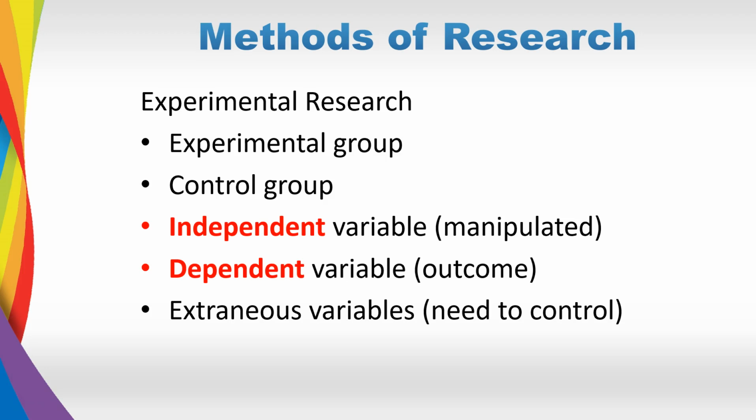So you want to control for that. Basically, the extraneous variables are the unwanted or unintended variables. That's why you want to control for them, so that you know the groups are as equal as possible, except for that independent variable.